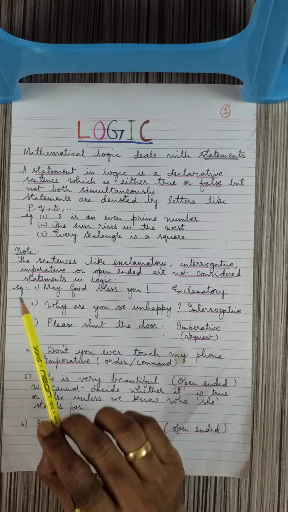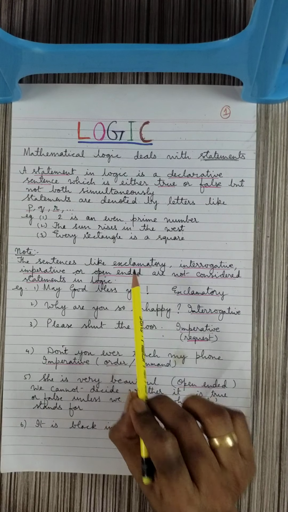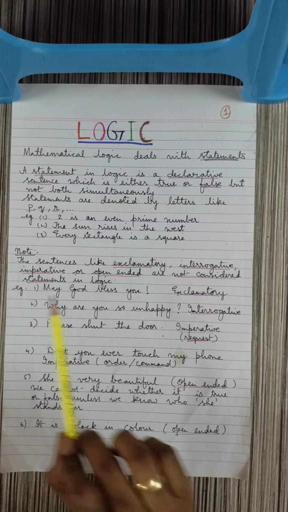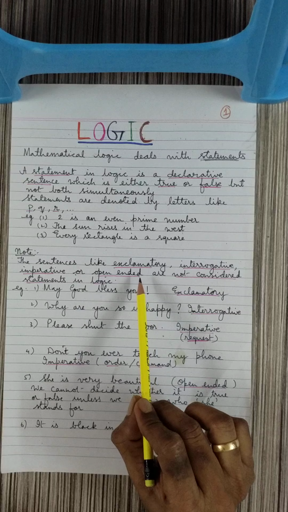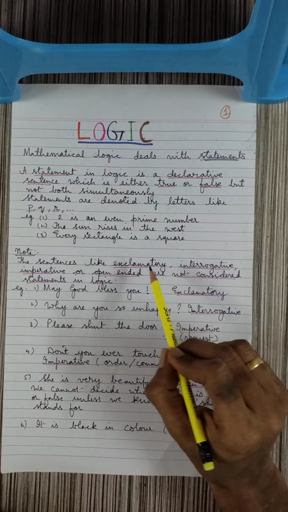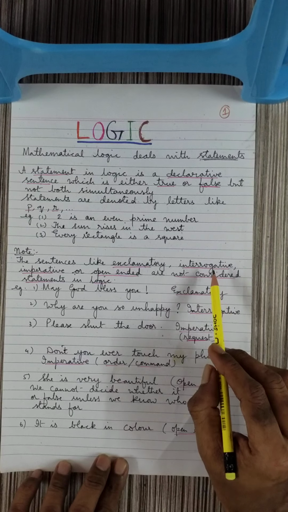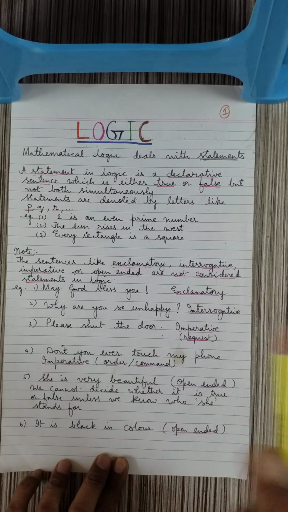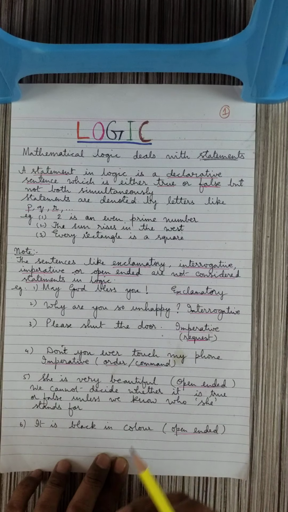Now, an important note. The sentences like exclamatory sentences, interrogative sentences, imperative sentences or open-ended sentences are not considered statements in logic. Exclamatory sentences can be understood by the exclamation mark. Interrogative can also be understood by the question mark. Imperative are nothing but orders and requests.